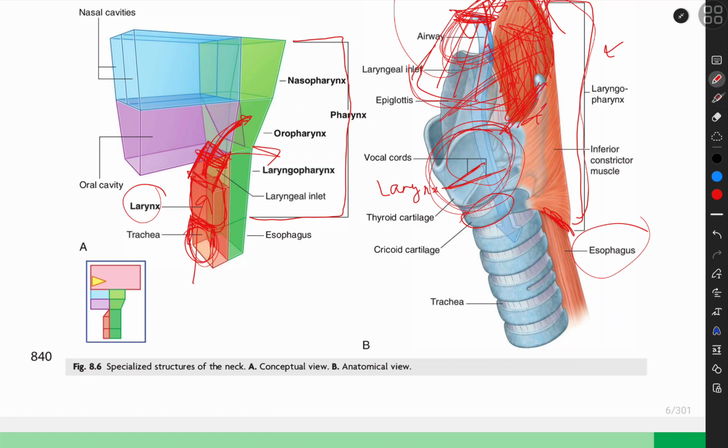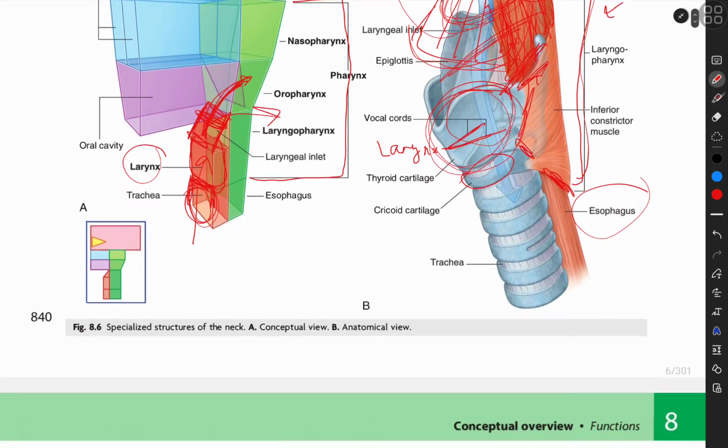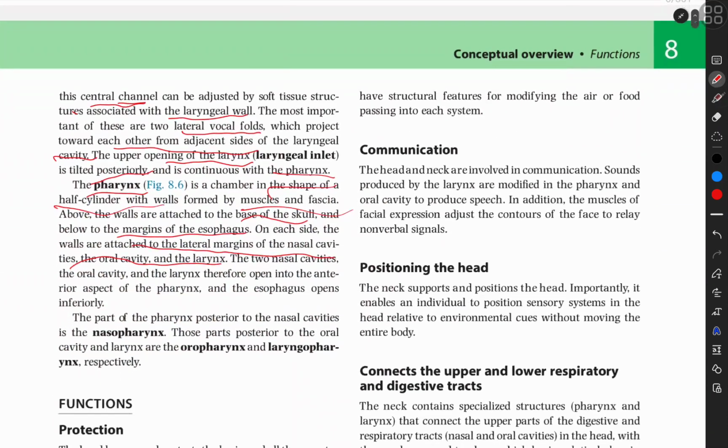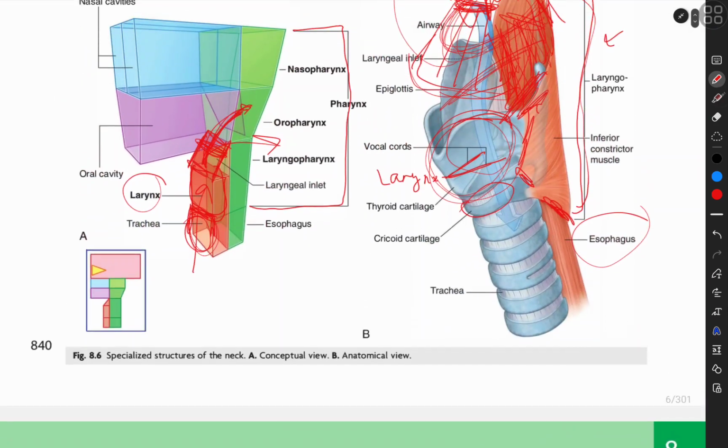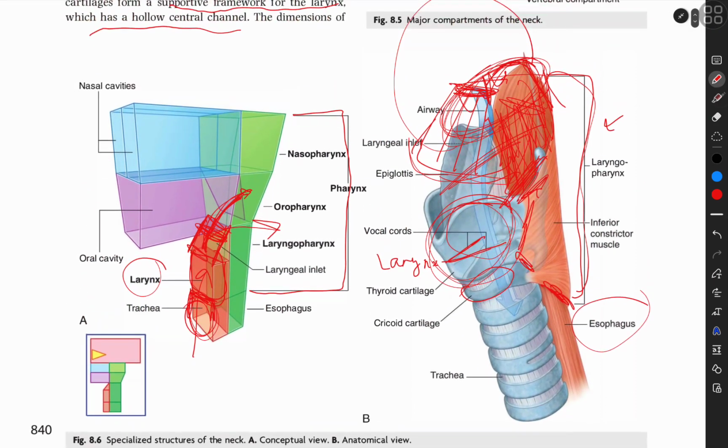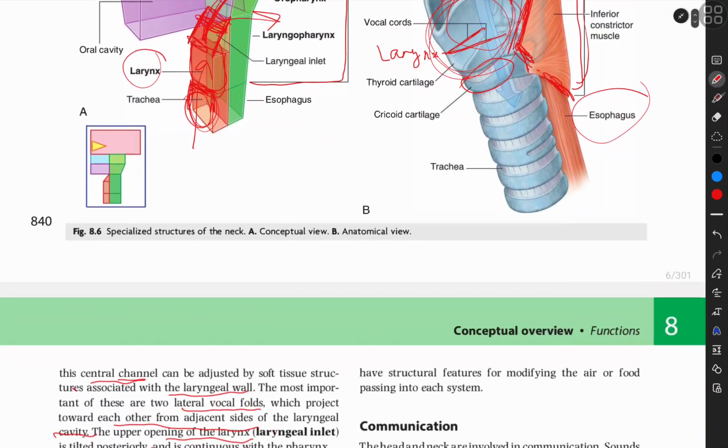So this is the connection of the pharynx to the two nasal cavities, the oral cavity, and the larynx. Above this is the oral cavity, so there could be some connections. This is the larynx, connections here and here, and the nasal cavities, there might be some connections. I don't know.